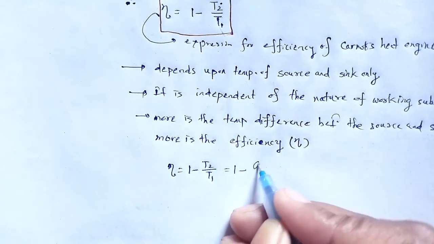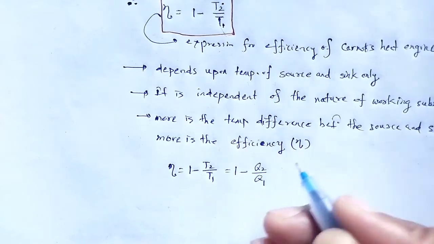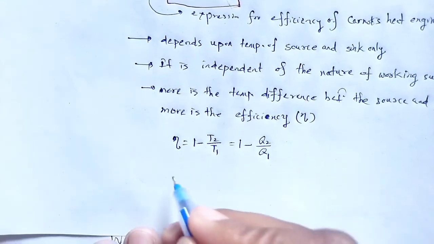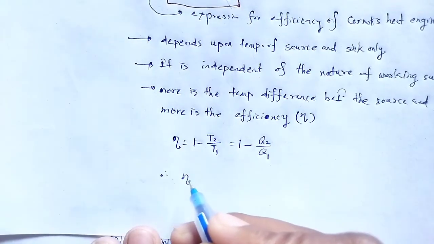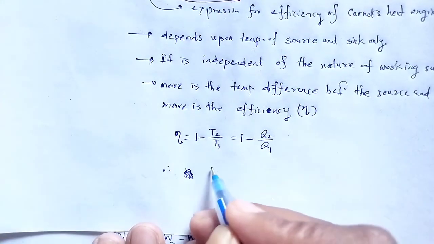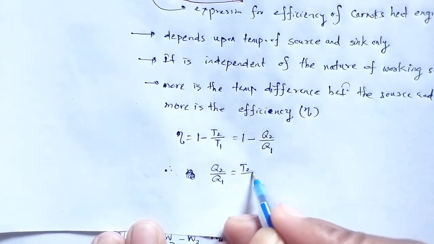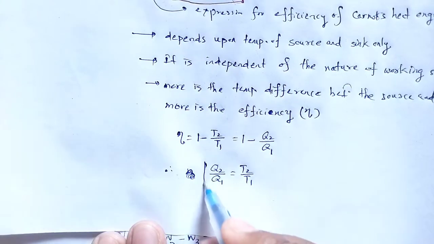Now look at that expression, eta is 1 minus T2 by T1, which is the same as 1 minus Q2 by Q1, since T2 corresponds to Q2 and T1 to Q1. Therefore Q2 by Q1 is the same as T2 by T1.